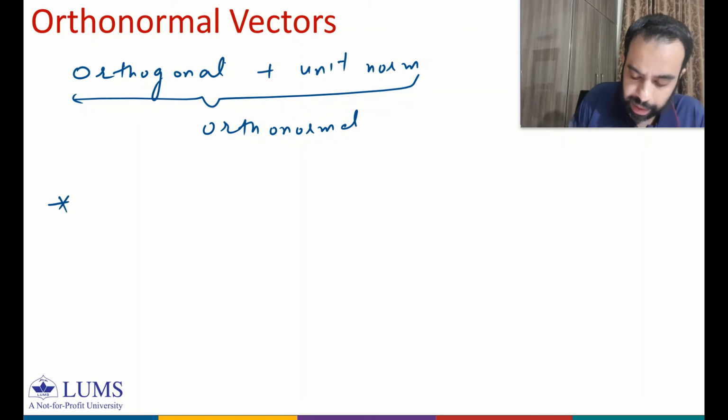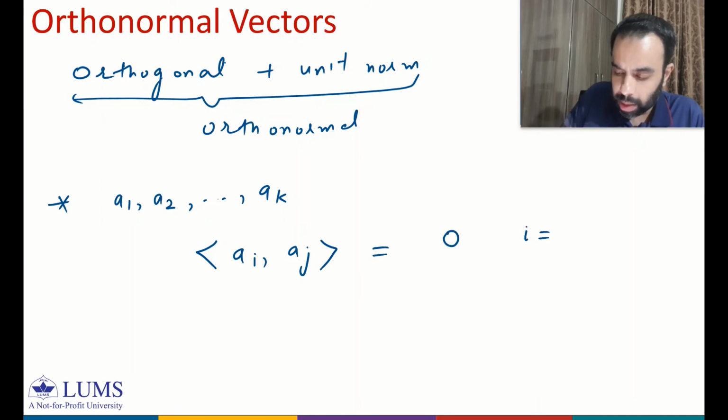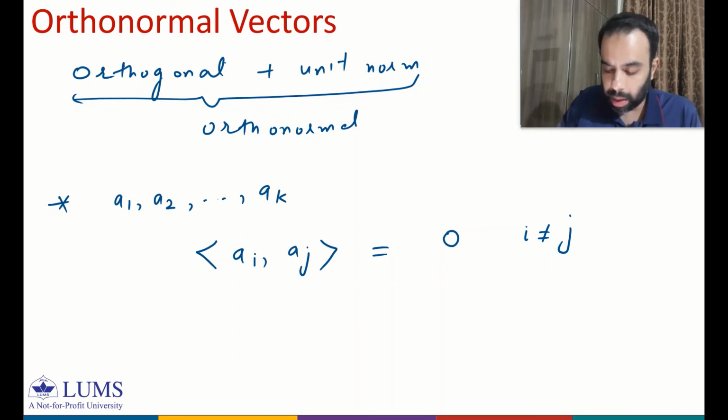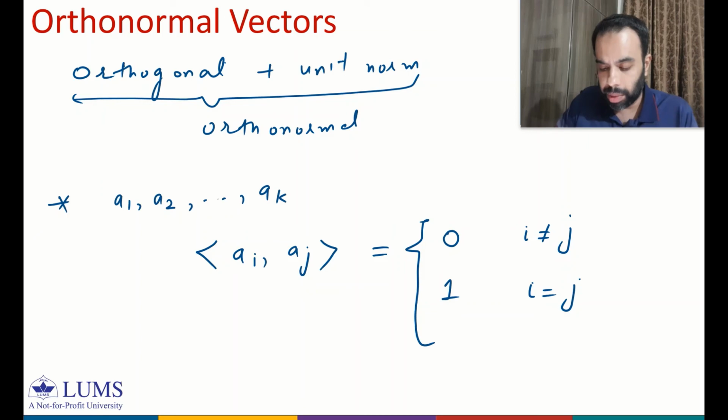So for a list of vectors a1, a2, ak, if the vectors are orthonormal, it means you take inner product of ai with aj, and what you get is 0 when i is not equal to j, and since each of these ai are unit norm, you get 1 when i is equal to j. So this is a formal definition of mutually orthonormal vectors.